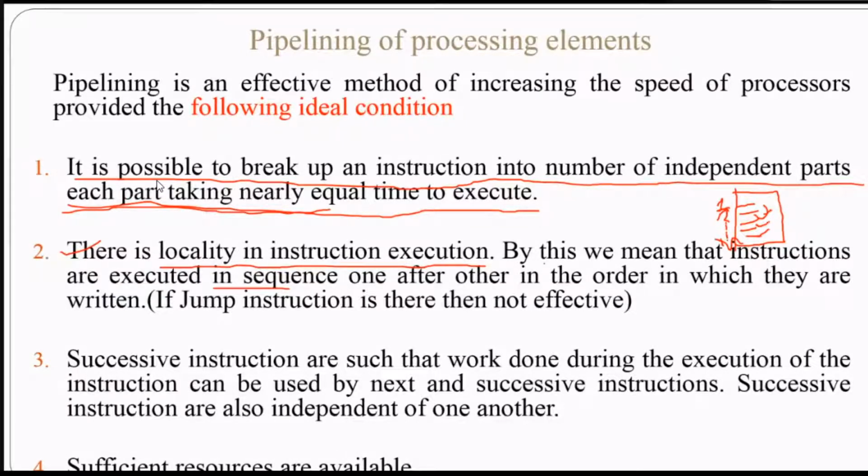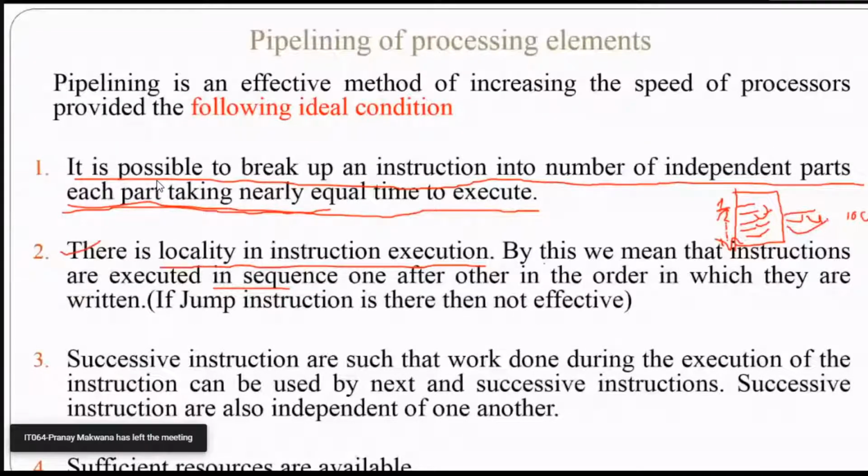अगर इसमें आपके पास jump instruction होगी बीच में, jump to a particular location, let's say 100. So if you are having more jump type instructions, or you can say control transfer instructions, in which you need to transfer your program control. So if jump, call, return, if such instructions are more in your program, then pipelining will not give you a better result.